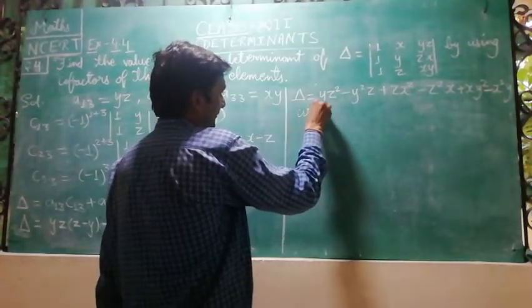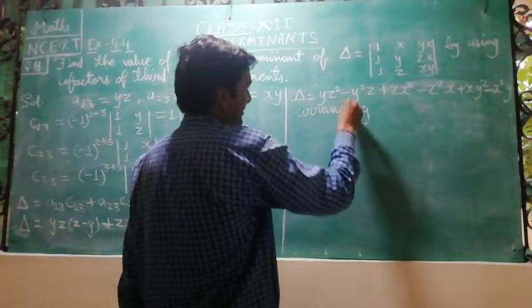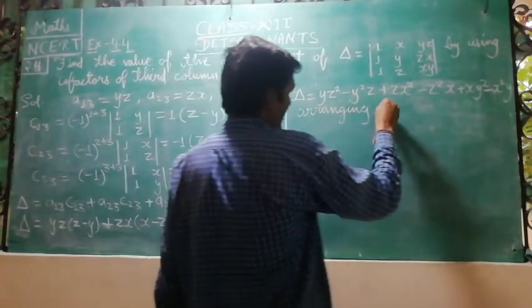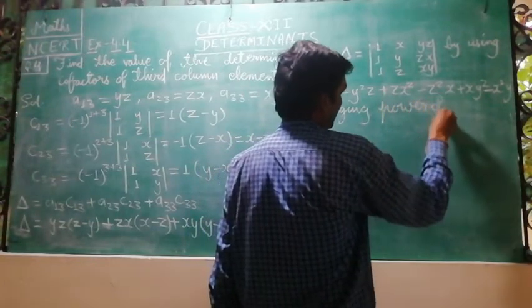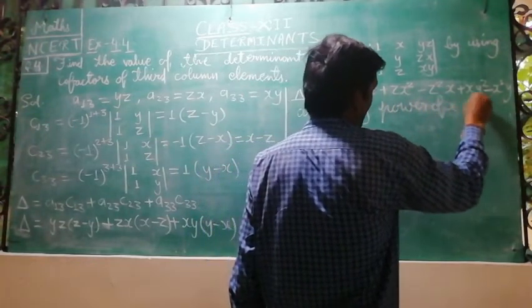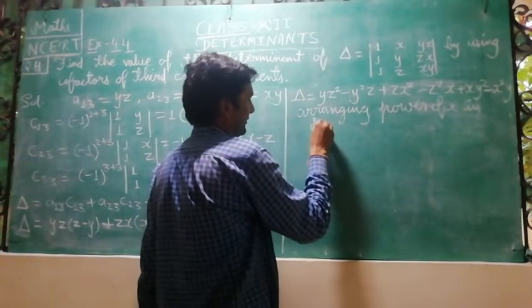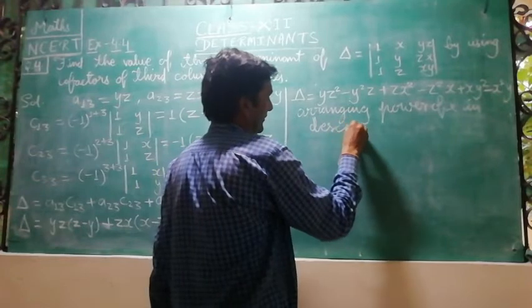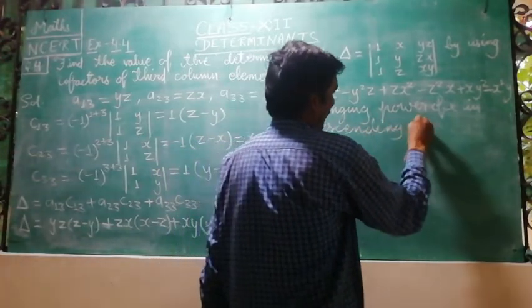Arranging power of x in descending order, what will it become?